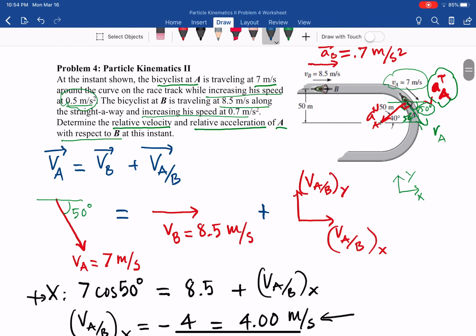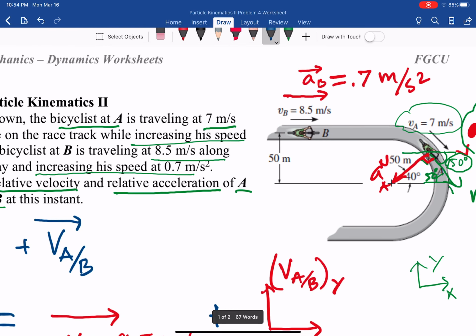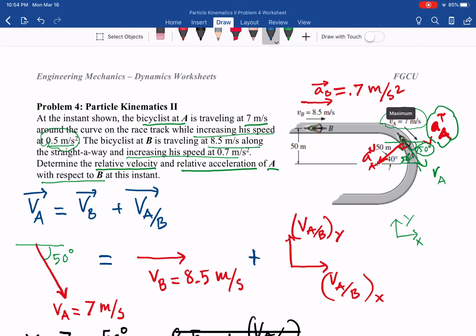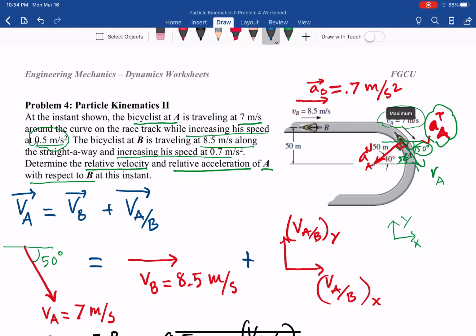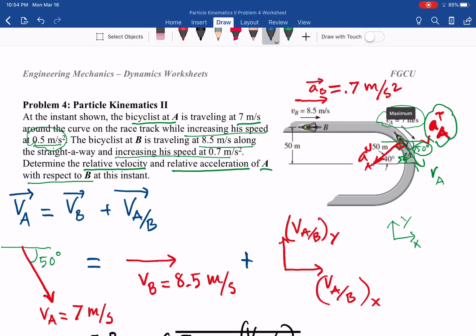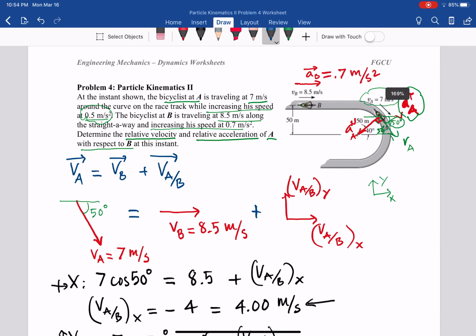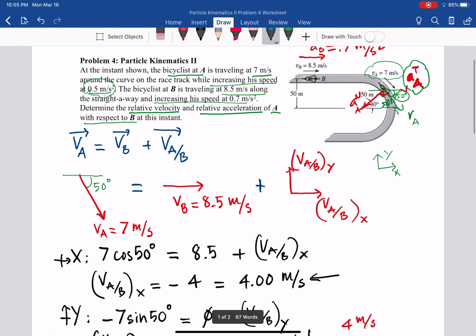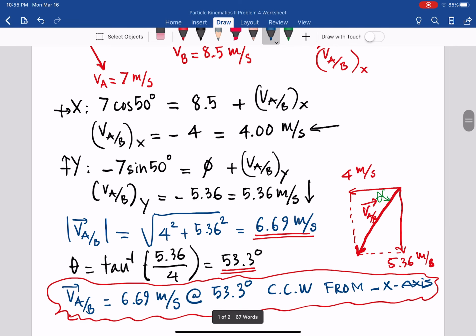A_B we will show here. The bicycle is increasing its speed, which means the acceleration is in the same direction as the motion, the same direction as the velocity. So it goes to the right at 0.7 meter per second squared.